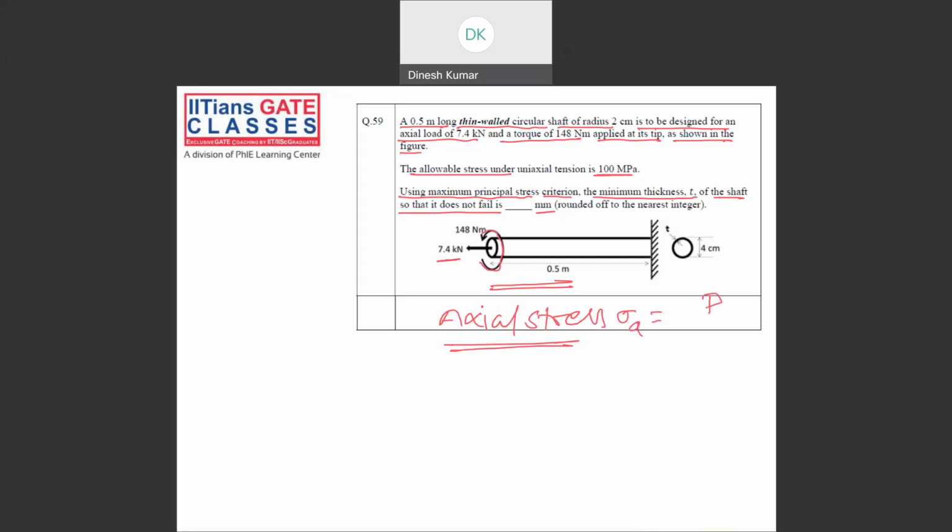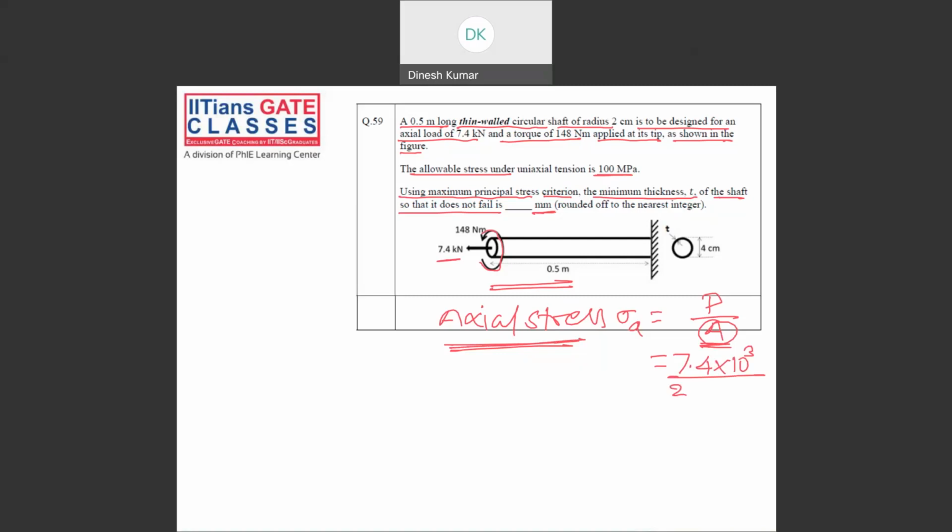It is P upon A. Now, the answer is asked in mm and the unknown is thickness. So what area should it be? It should not be the cross-sectional area. When you find axial stress for a thin section, it should be the material area. So the load is how much? It is 7.4 into 10 to the power 3. And area will be how much?